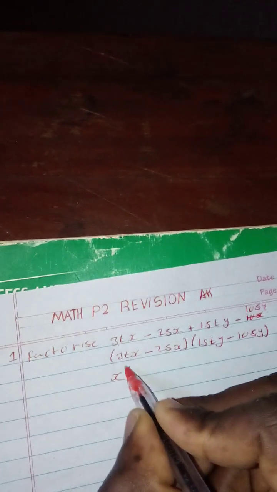So as for now, what is common this side? We find that x is what is common. So we say x, open the bracket.